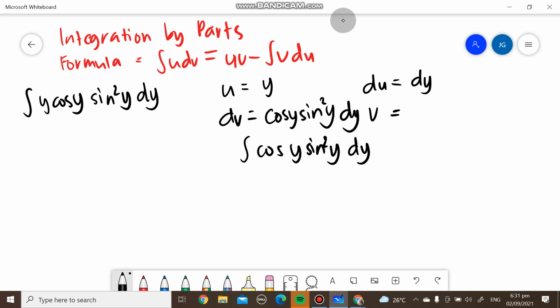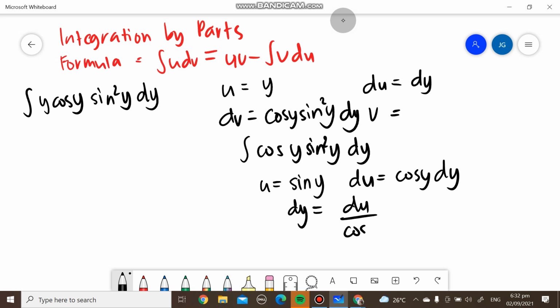The integral of that one is simply, we set u as sine y, and then we set our du, or the derivative of sine y, as cosine y dy, and the value of dy is simply du all over cosine y.